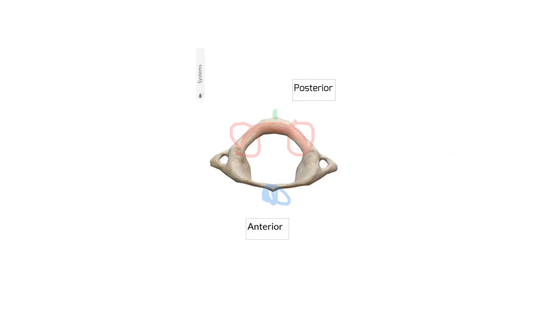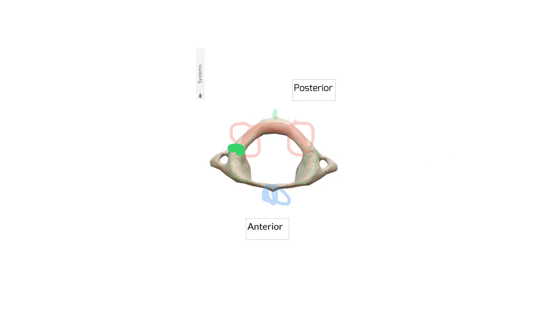Then, since we are in a top-down view, we'll note this particular part right over here. Might be a little too thick there, so we'll use this one, a little bit less thick. And the green area right here, that's the articulating facet of the superior articular process of Atlas.